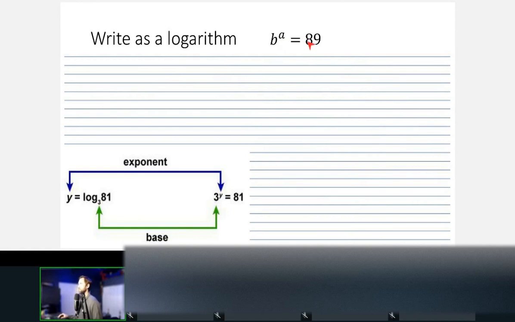Okay, everyone, do this one. You can either use this little change formula deal or do the math we learned yesterday.